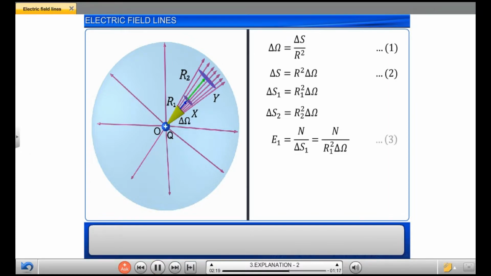Let this be equation 3. Similarly, electric field strength E2 at Y is equal to n by delta S2 equal to n by r2 square into delta omega. Let this be equation 4.